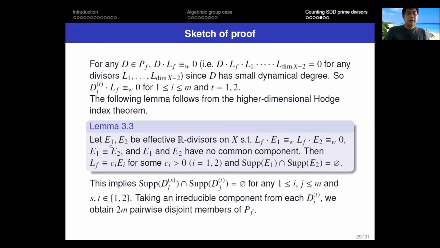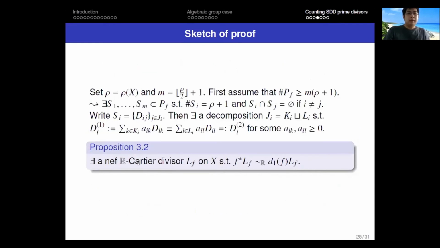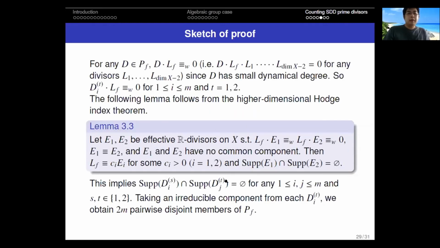So apply this lemma to DI1 and DI2. Then we can apply this lemma to different DI and DJ. So finally, we can see that DIS and DJT do not intersect for any I, J, S, and T. So anyway, the number of DIT is 2m, and they are pairwise disjoint.